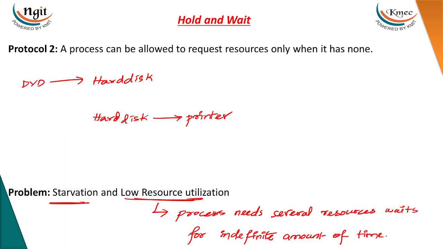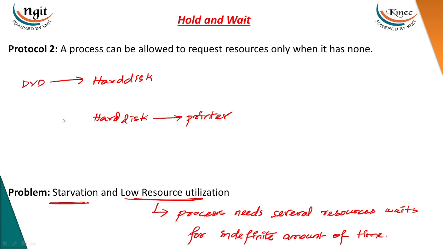Then protocol number 2, if you already requested some particular resources and you want some additional resources, in that particular case you need to release all the resources. That is, a process can be allowed to request resources only when it has none.